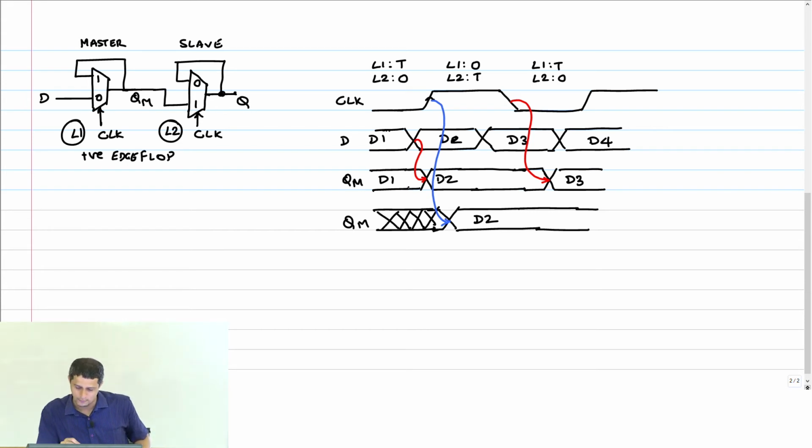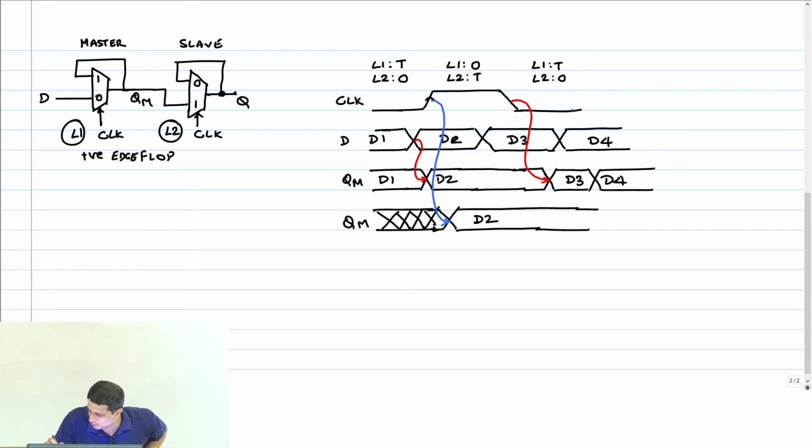So QM changes to D3, but then it will also switch to D4. Correct? Yeah, that's right. D4. Okay, so maybe I can move this clock a little bit.